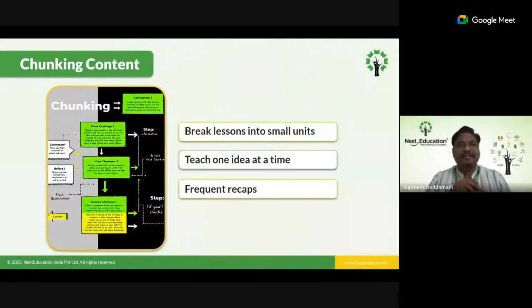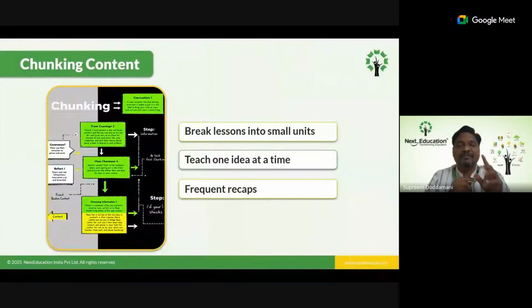Now, chunking content. This is the basic thing all teachers are supposed to do. But still, many of the teachers will skip the effort, like, okay, I'll just go through the flow, I don't need all these things, whatever is there in the content I'll just explain it and finish it off. But kindly go through this. Break lessons into small units. When you break lessons into small units, the advantage is you can explain the particular concept very comfortably and very effectively.